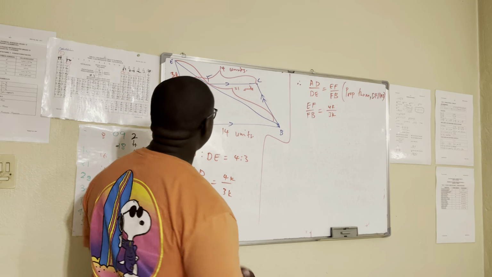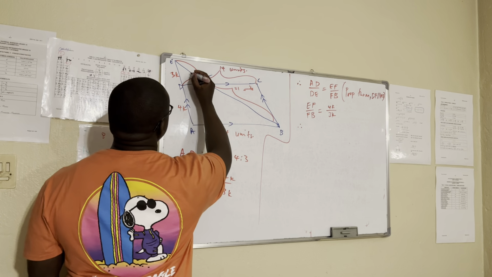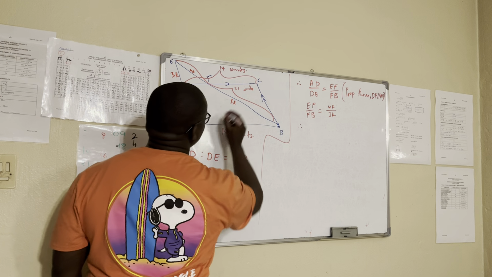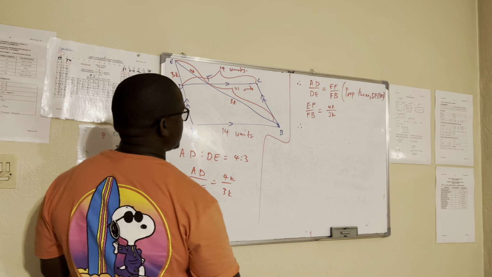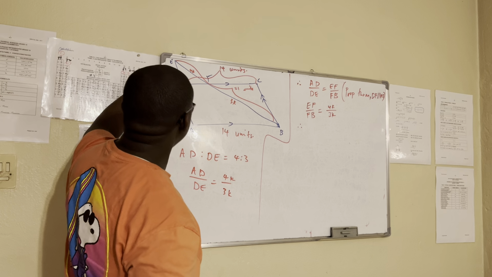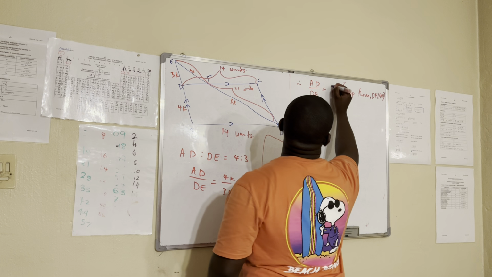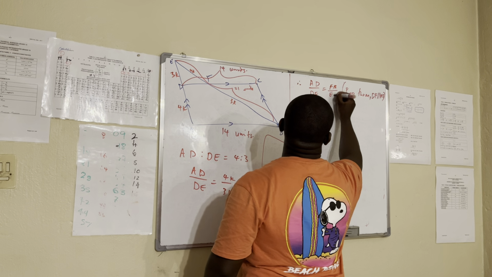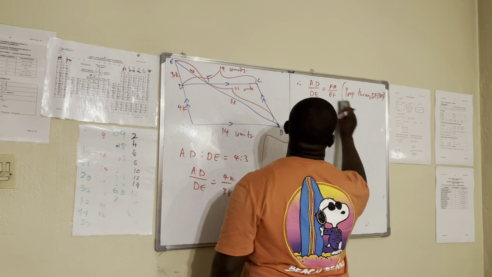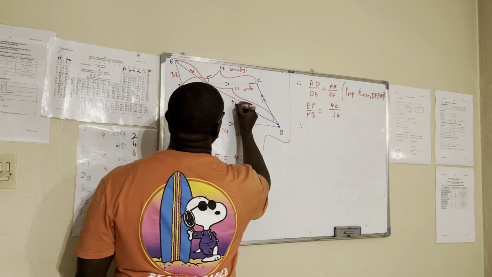I can write EF as 4K and FB as 3K. Sorry, I repeat, the other way around: FB over EF, so that's going to be 3K over 4K.